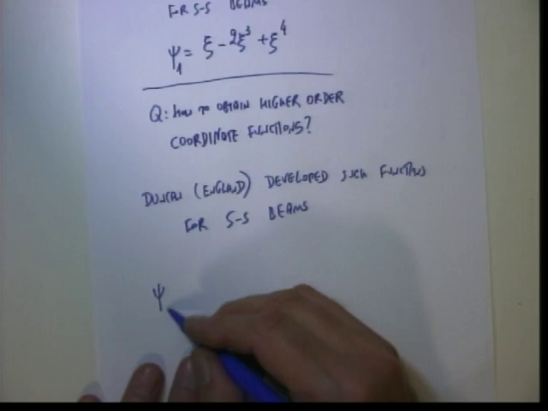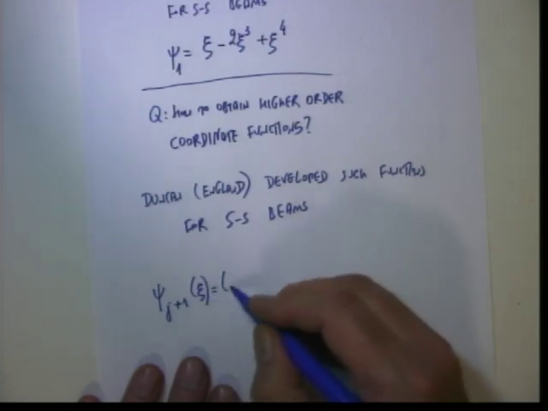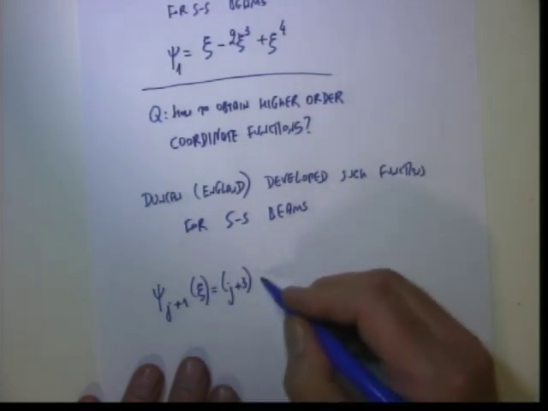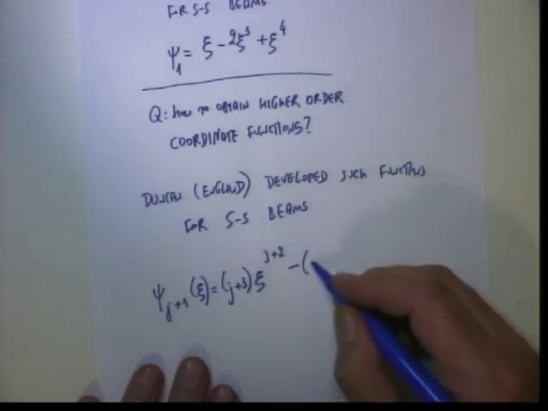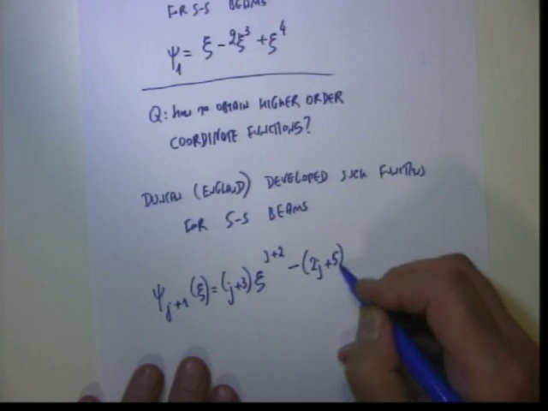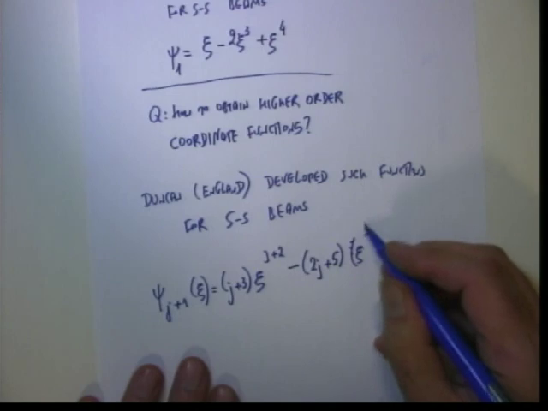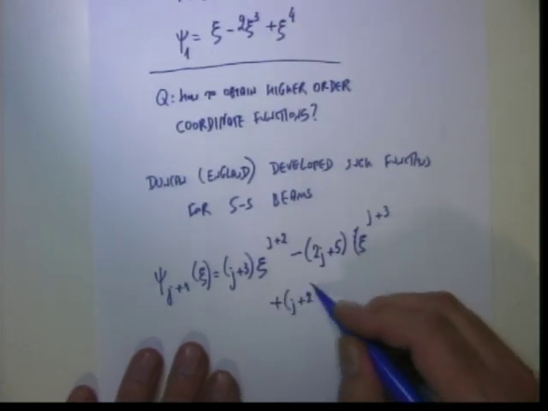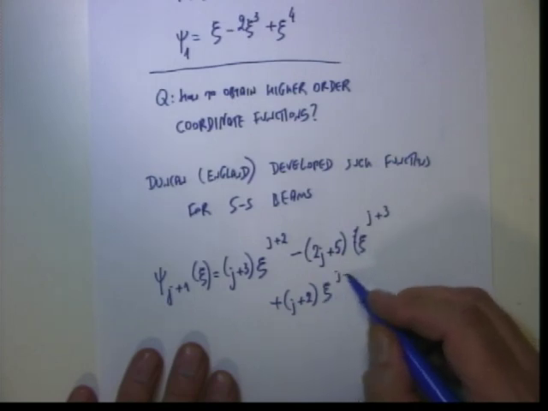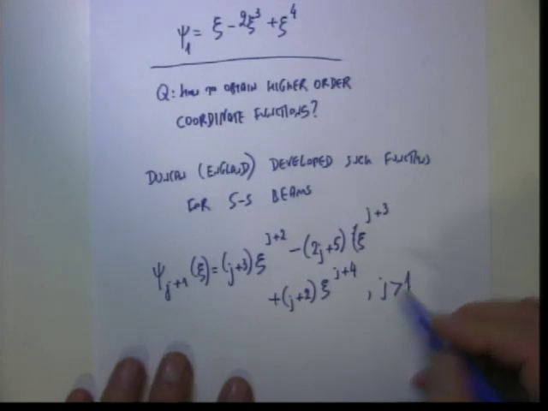So psi j plus 1 equals, we will check, (j plus 3) psi j plus 2 minus (2j plus 5) psi j plus 3, plus (j plus 2) psi j plus 4, j greater than 1.